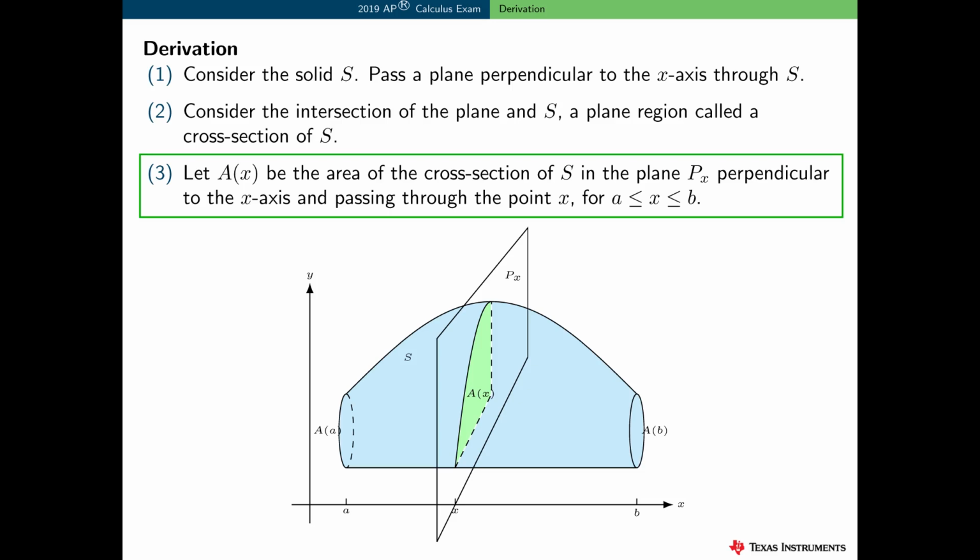It's represented by the green shaded region in my figure. Think of slicing S through x and computing the area of this slice. This cross-sectional area A of x will vary as x increases from a to b.